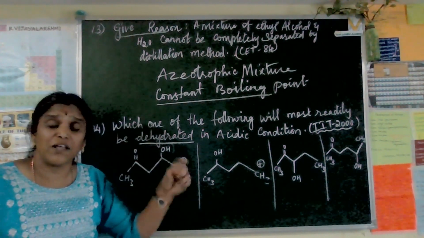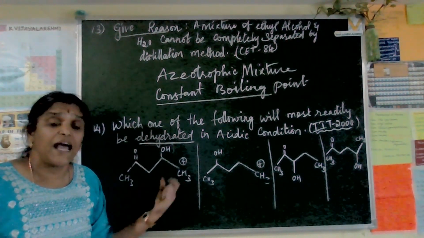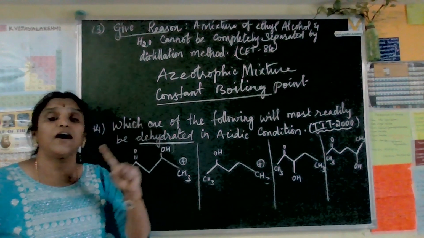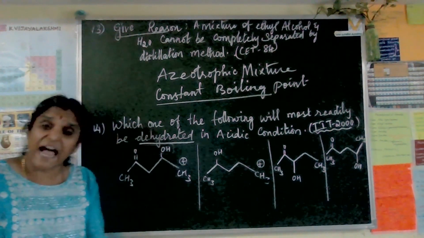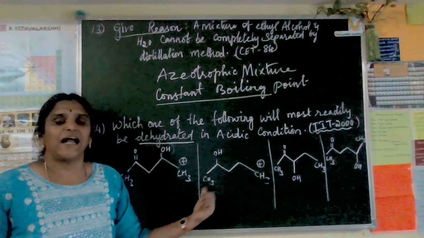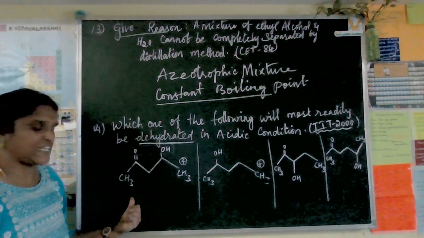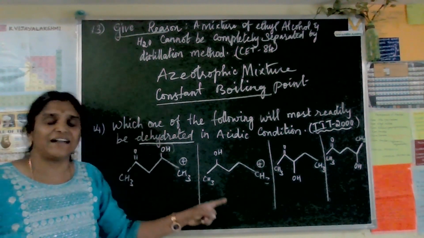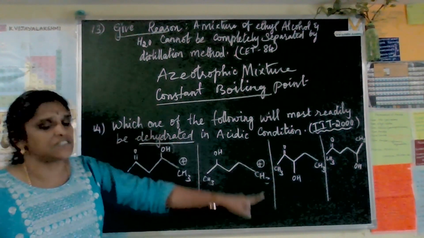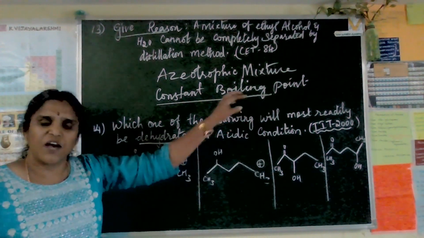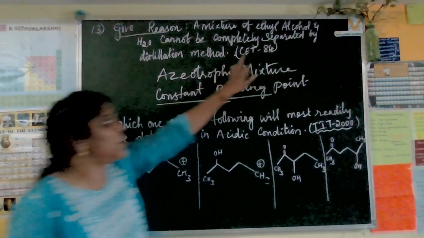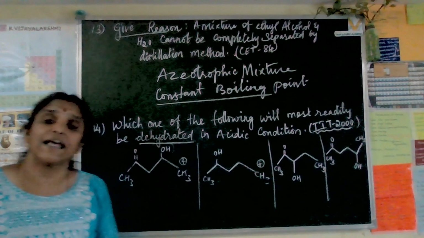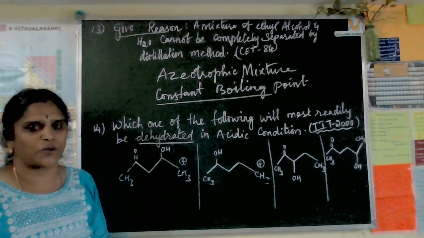Because it easily removes that water and forms alpha beta unsaturated aldehydes and ketones. Actually, this is the aldehyde and ketone chapter, but in this chapter they have given this question. So I have brought all these important questions from that exercise.